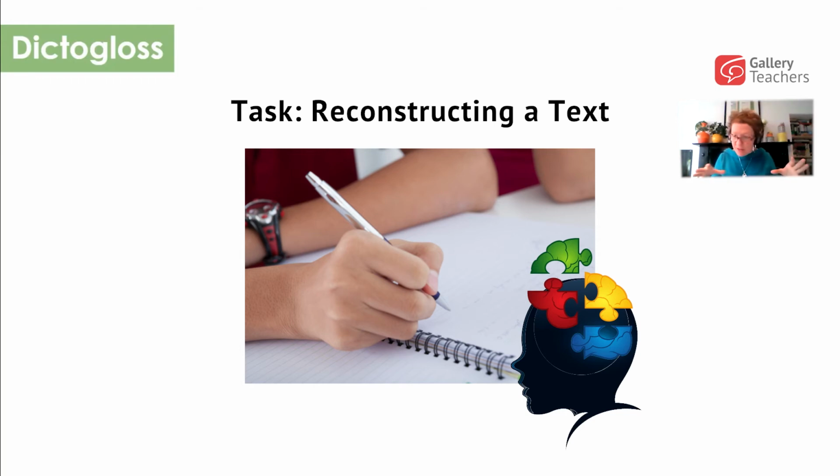Once they have compared their notes and you think they have enough, then again, in small groups or in pairs, you'll give them some time to rewrite the text. Now, I think at this stage, this is when you have the students go, oh, no, it's too difficult. And you have to reassure your students, their version is not going to be identical to the original.